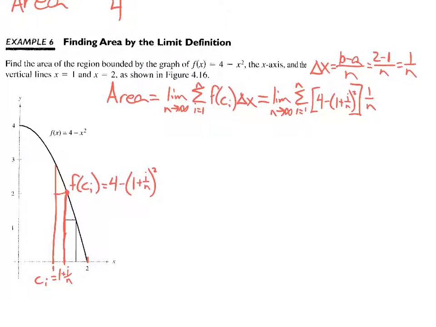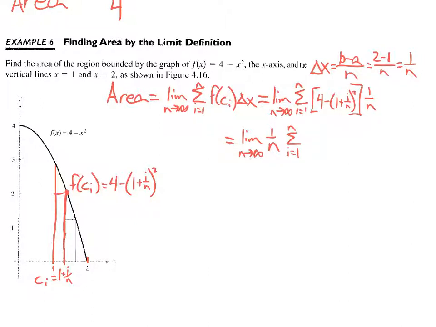Now I've got to do some algebra here and see what I can do with it, okay? First of all, I'll go ahead and pull out the 1 over n. That'll make life a little bit easier. The limit as n approaches infinity of 1 over n. And now in the sum, I'm going to FOIL what's in the brackets, and I'm also going to combine it with that 4.